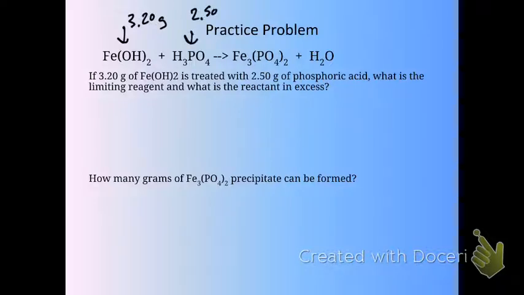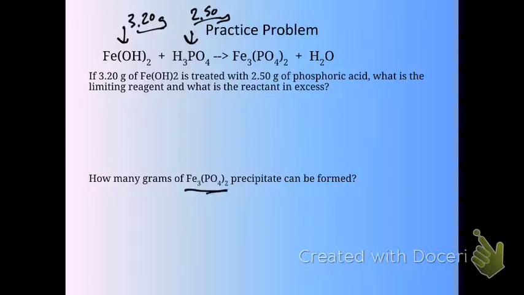We've got to figure out which one's the limiting reactant. The way we do that, like last time, is we convert these into the product and see how much product in moles each can make. My suggestion is to look at the next question, because a lot of times there are multiple questions.